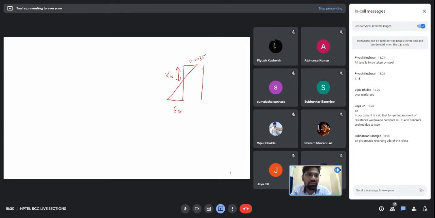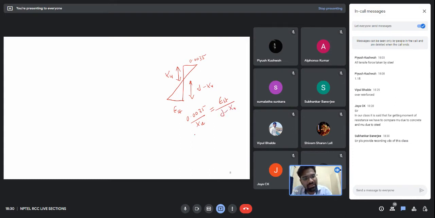So this value will be d minus xu. From similar triangles you can easily find 0.0035 divided by xu equals epsilon st divided by d minus xu.